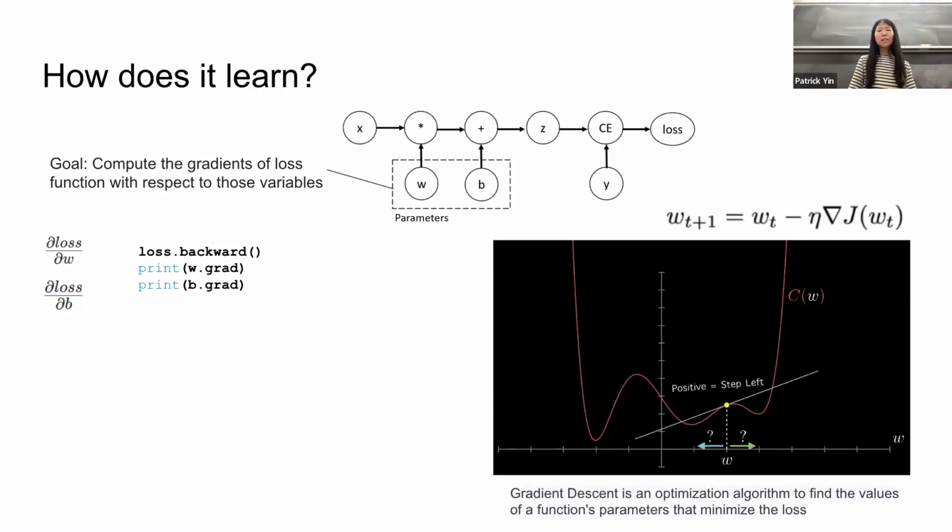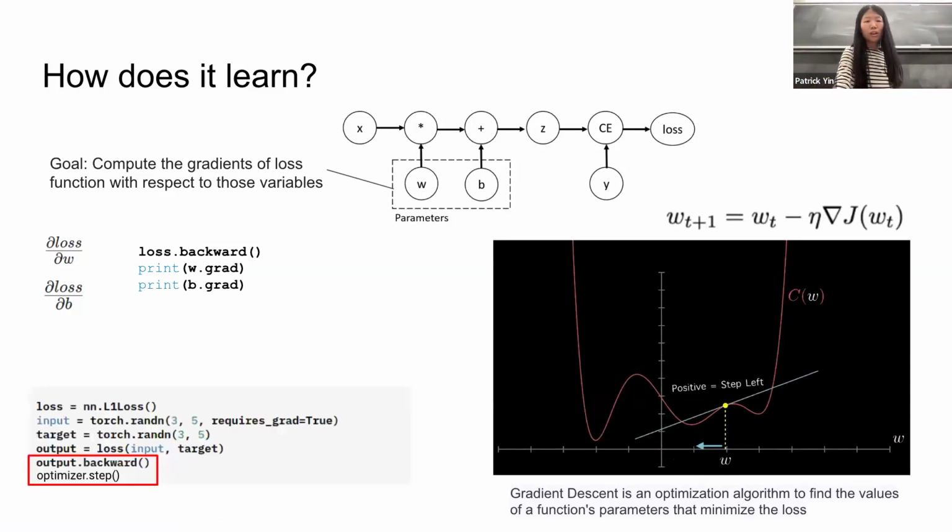Underneath, it's using an optimization approach called gradient descent, trying to find the best parameters that minimize the loss function. Gradient descent has two steps. One is to compute the gradients, and the second is to apply one step and update your neural network, which is represented by optimizer.step.